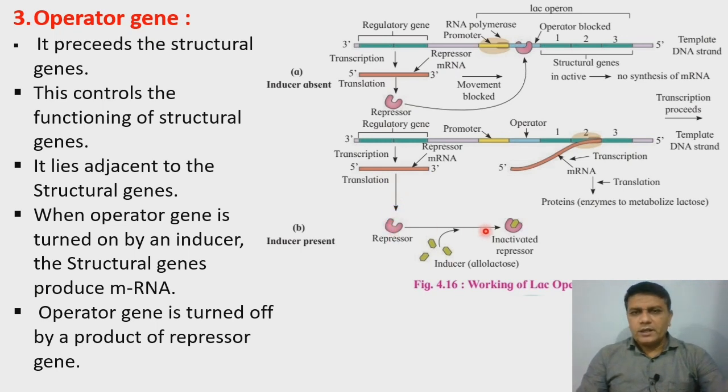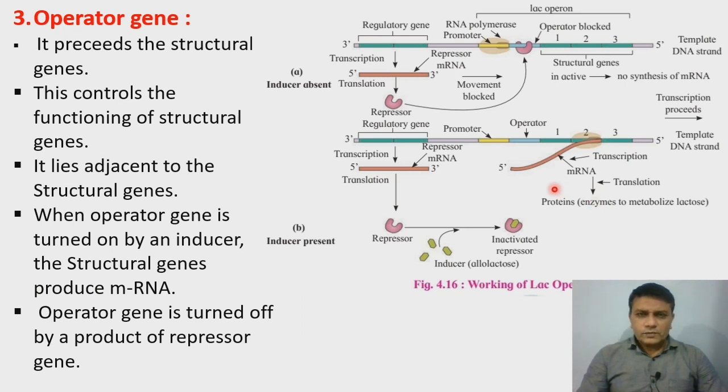Then this inactivated repressor is prevented from binding to the operator site, and the operator site is switched on, and it will produce messenger RNA on the structural genes Z, Y and A. After transcription, messenger RNA is produced, and from this messenger RNA, with the help of other RNAs, that is ribosomal and transfer RNA, the process of translation occurs, and three different enzymes are produced.